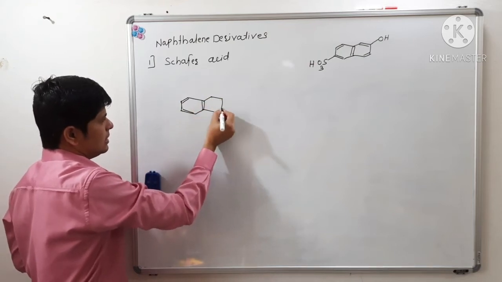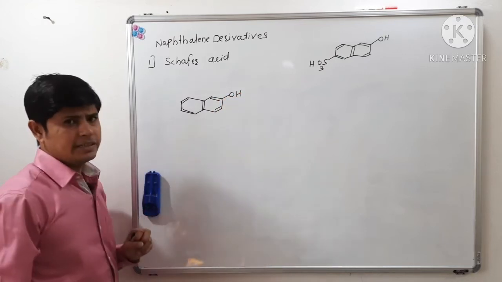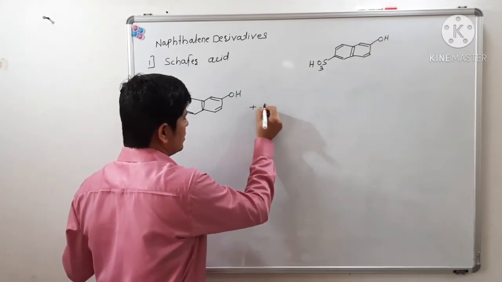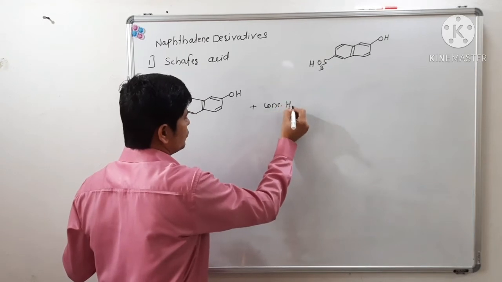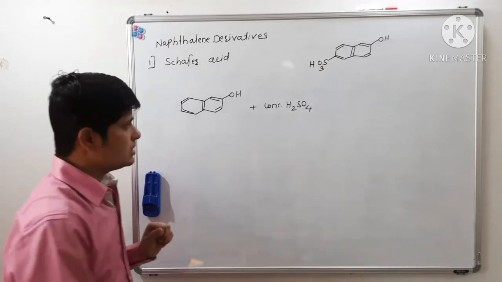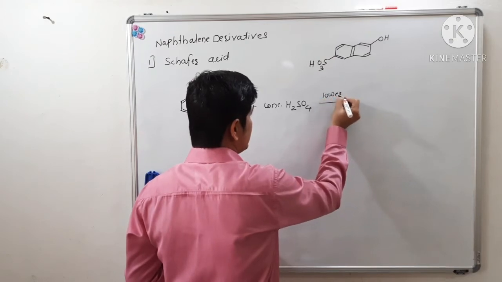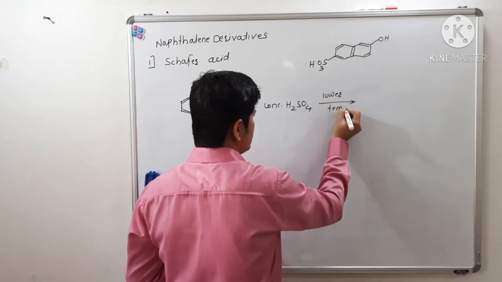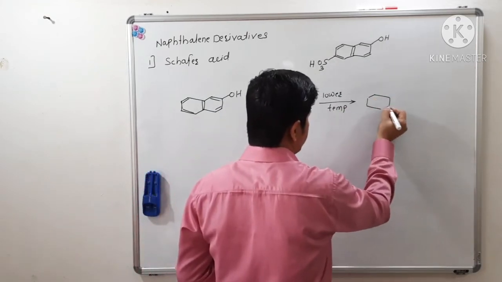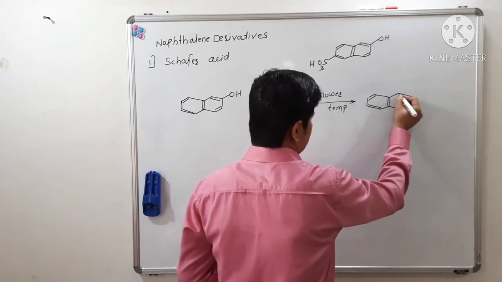This beta-naphthol is reacted with concentrated H2SO4 at lower temperature to get 2-naphthol 1-sulfonic acid.